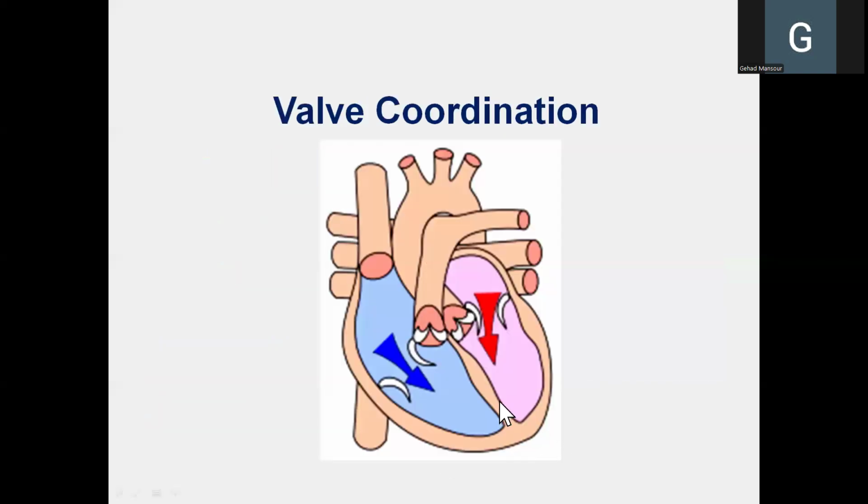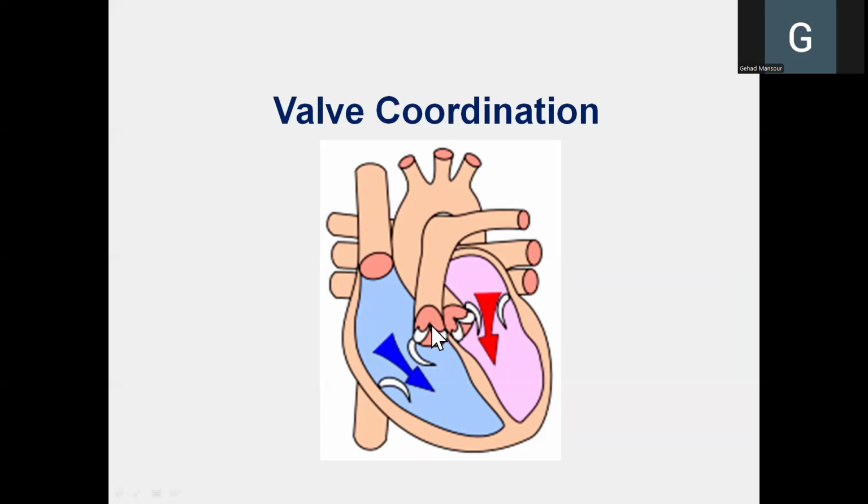Now, concerning valve coordination, during diastole, blood flows from the atria, which are the upper chambers, to the ventricles. And at the same time, during diastole, the semilunar valves, the pulmonary valve here, and the aortic valve should be closed. So they act oppositely to each other.